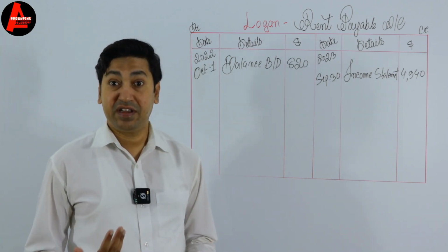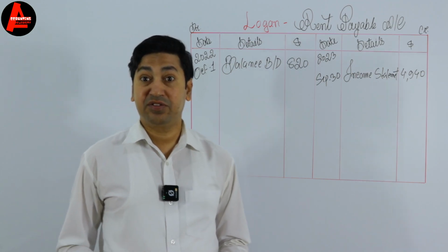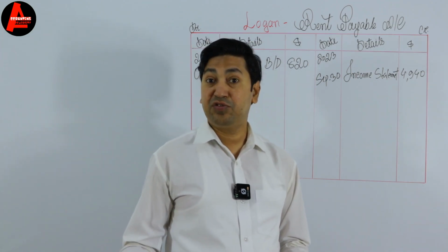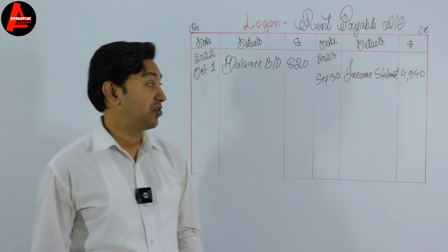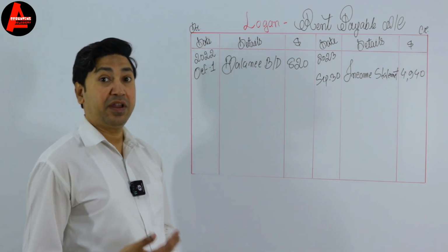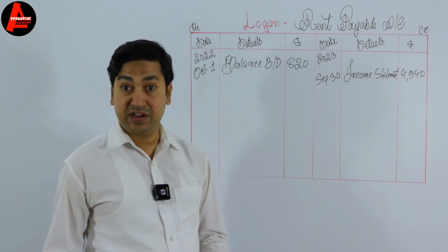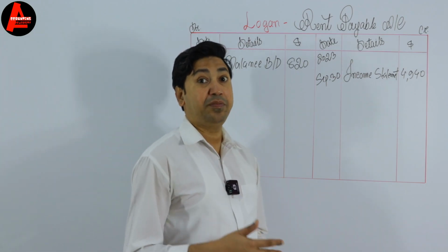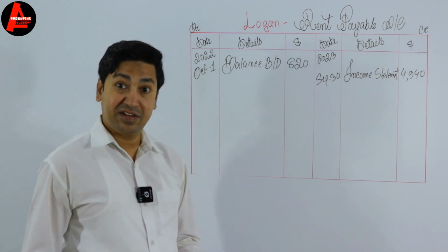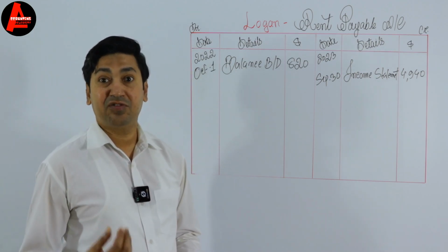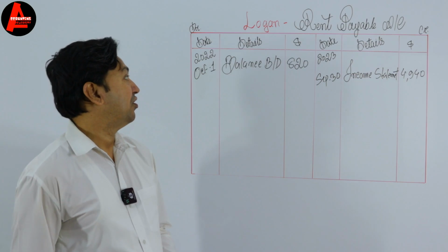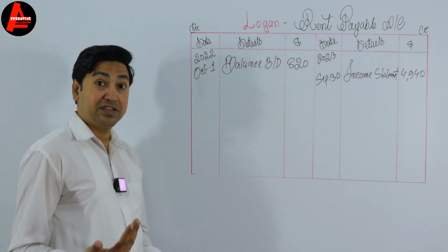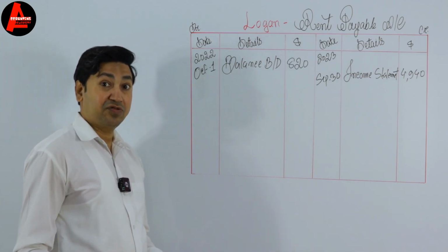Rent is a nominal account, so expenses are debited and incomes and gains are credited. We paid money by bank, so bank is credited, because money has gone from the bank. Bank is a current asset, the asset is decreasing, and a decrease in an asset is credited.